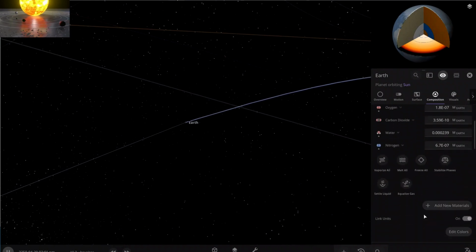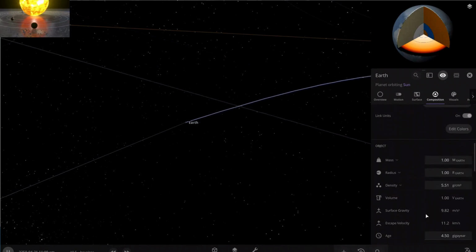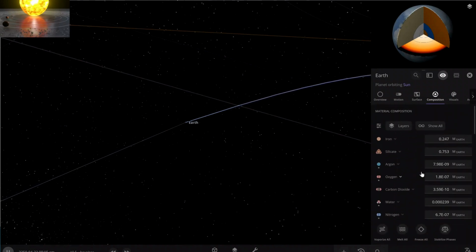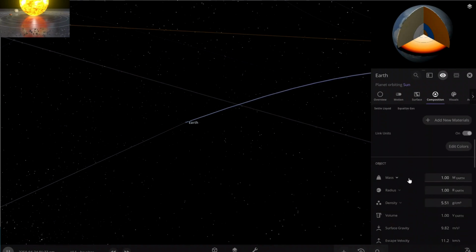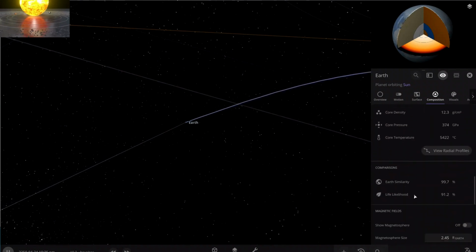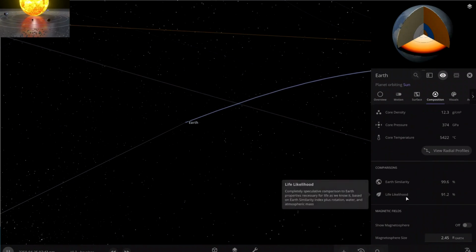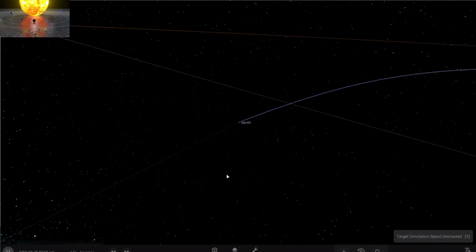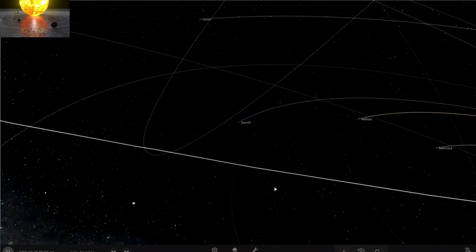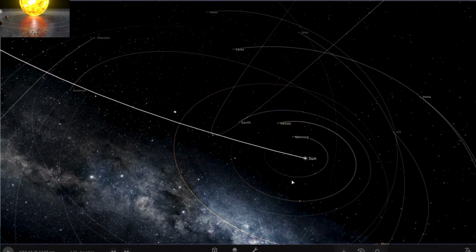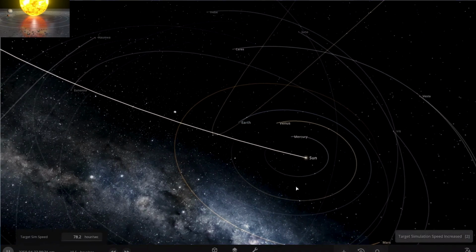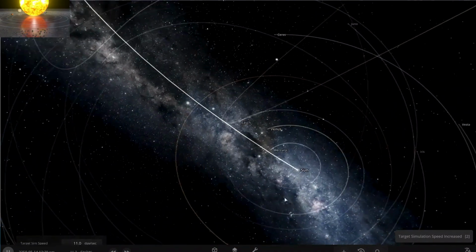Also, we can see the life situation on Earth again. This is the life situation. It's 91%. So still there's hope. Human being can survive in this situation, but I'm not sure in the long term the situation would be same.